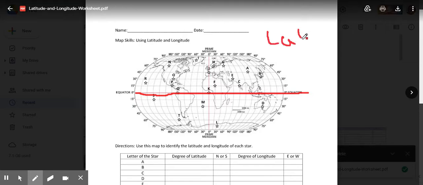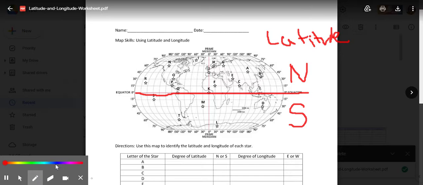So latitude, really bad drawing and spelling here. Trying to fit it all in. Latitude. The equator divides the world into the northern and southern hemispheres. I would write north and south on your papers above the equator so that way you remember that for when you're working on your assignment.